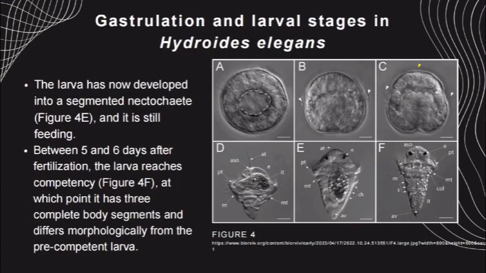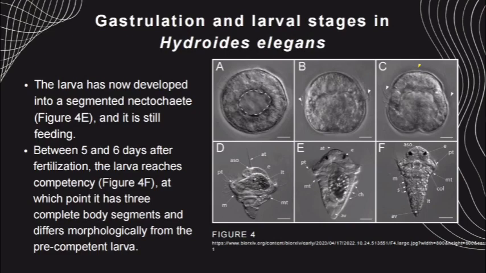However, the body does not grow any more segments until after metamorphosis. Between 5 and 6 days after fertilization, the larva reaches competency, as you can see in figure F, at which point it has 3 complete body segments and differs morphologically from the pre-competent larva.